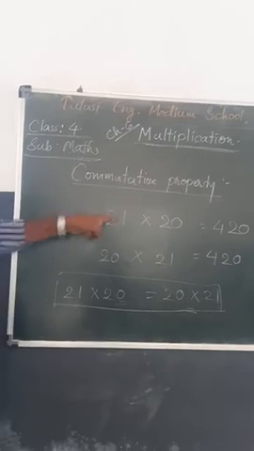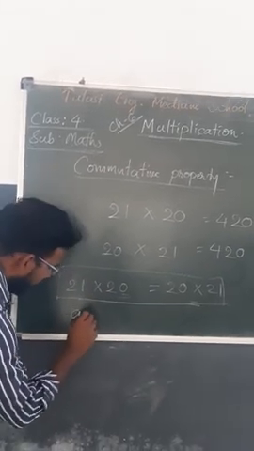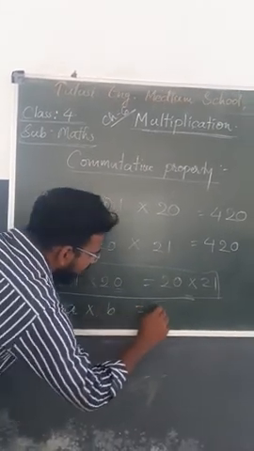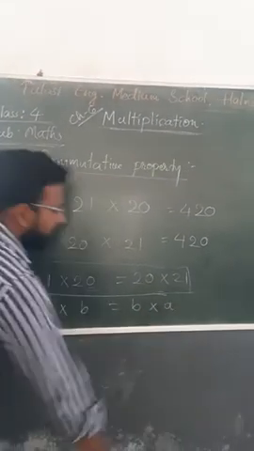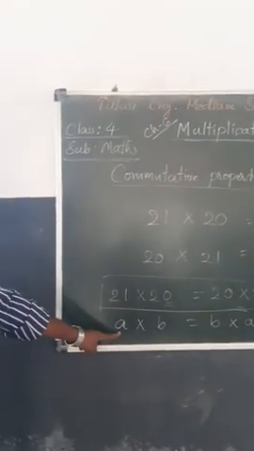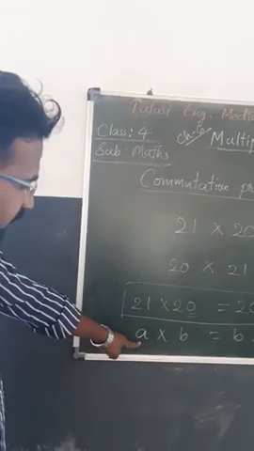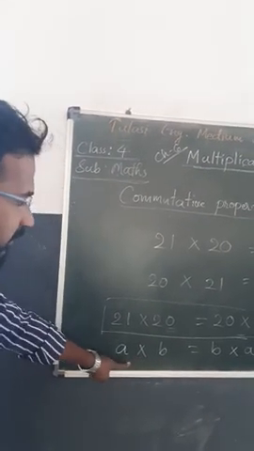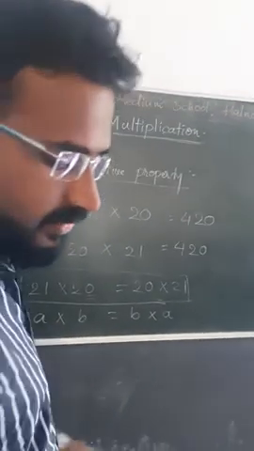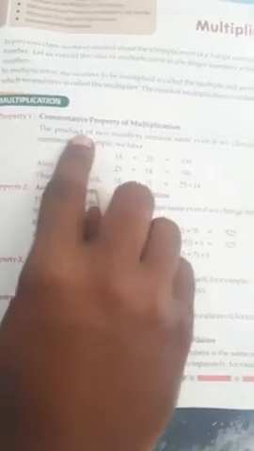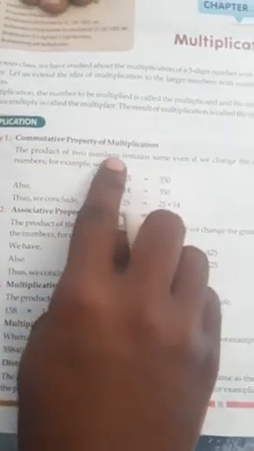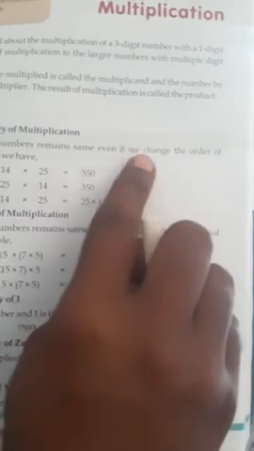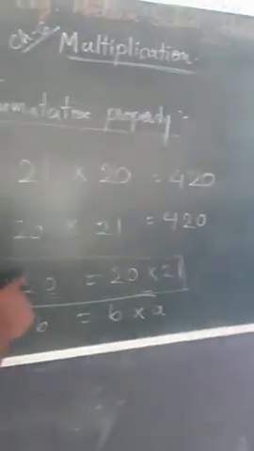This is the commutative property. For example, A into B is equal to B into A. We can multiply any two numbers in any order, and the result will be the same. The product of two numbers remains the same even if we change the order of the numbers.